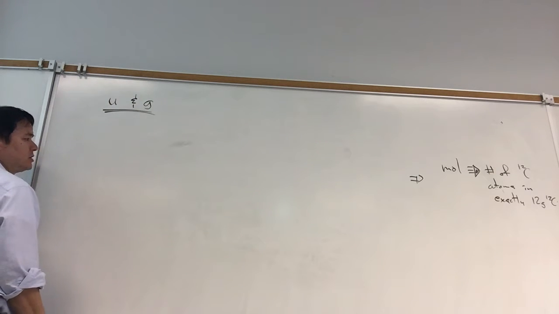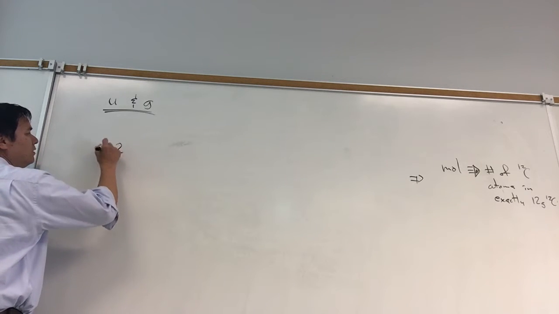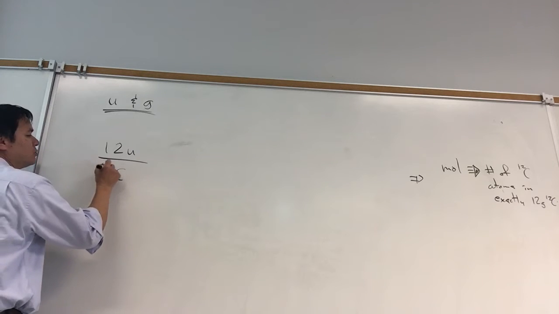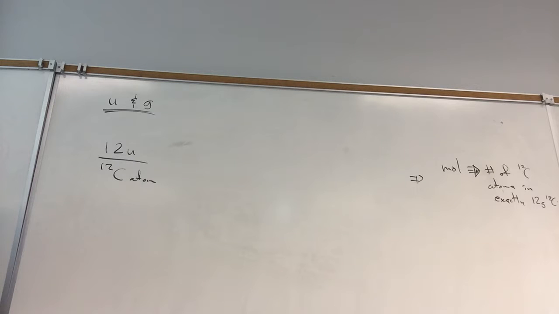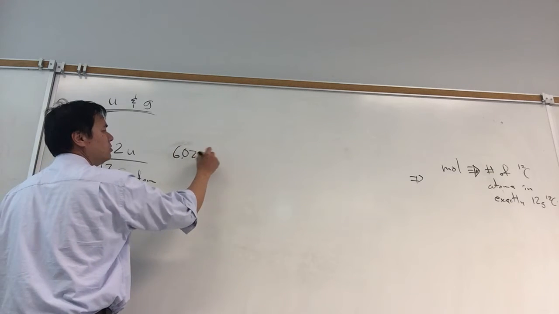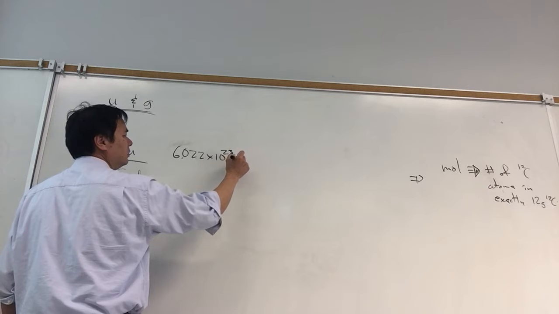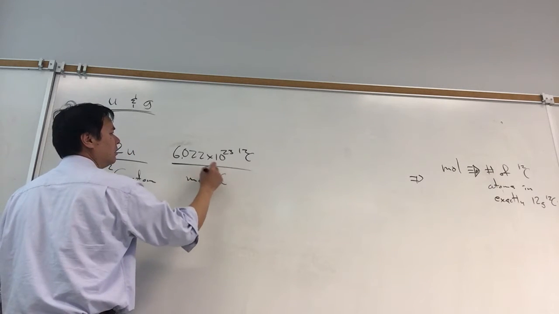By knowing the 2 definitions, we can come up with a relationship, and that is there are 12 U worth of mass in 1 carbon-12 atom. And then using a bit of dimensional analysis, there's approximately 6.022 times 10 to the 23rd carbon-12 atoms in 1 mole of carbon-12.